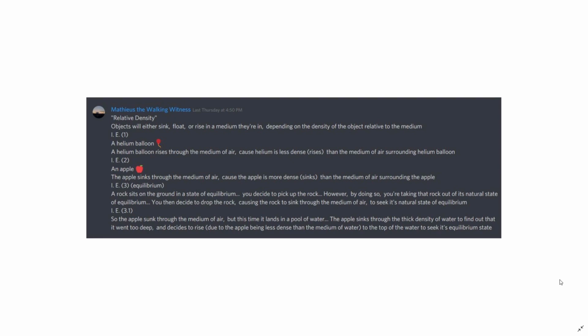So the apple sunk through the medium of the air, but this time it lands in a pool of water. The apple sinks through the thick density of the water to find out that it went too deep, and decides to rise due to the apple being less dense than the medium of water to the top of the water to seek its equilibrium state.